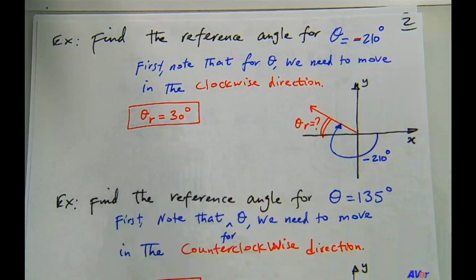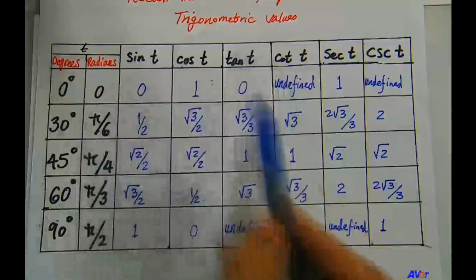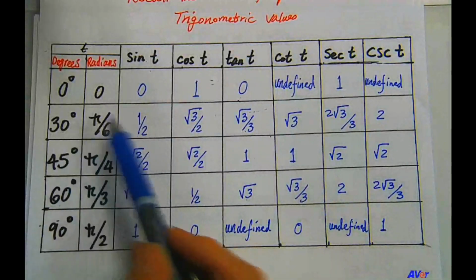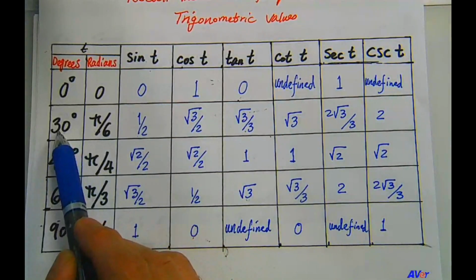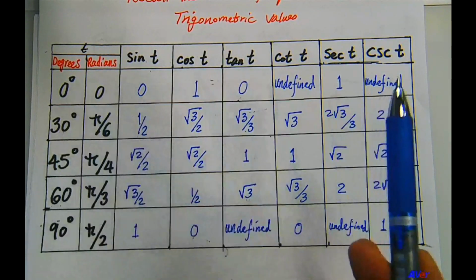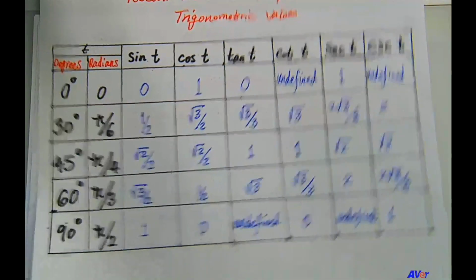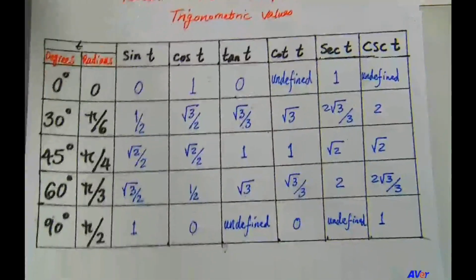And we know we have the special table values for that, right? In this special value table, you don't see any angles for minus 210, right? But you do have a 30 degrees angle. So cosine of that, let's say, would be square root of 3 over 2. But of course, that's as far as the measure of the angle.